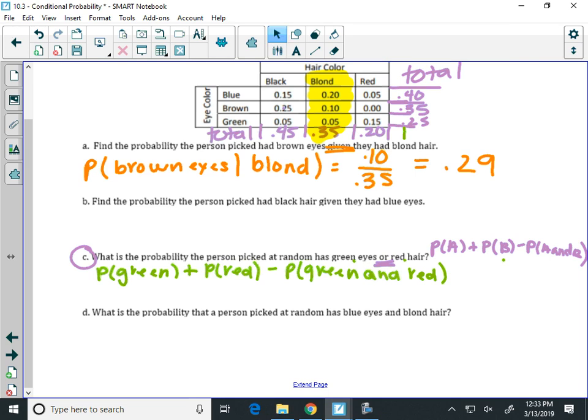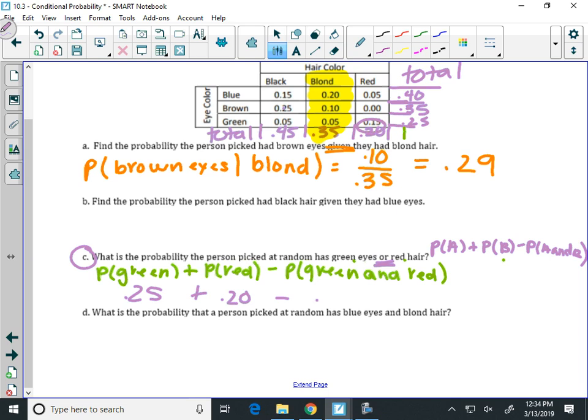So we go through, what was the total for green? 0.25. Plus, what's the total for red? 0.20. Minus, what's the total for both having green eyes and red hair? Where do they intersect on the table?